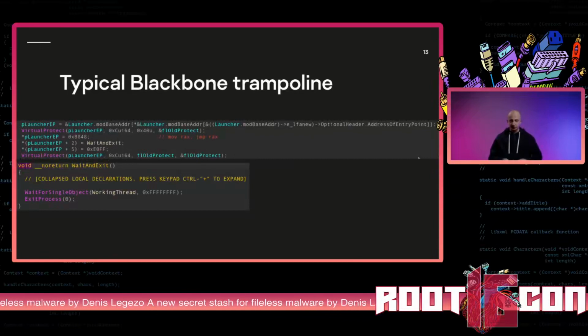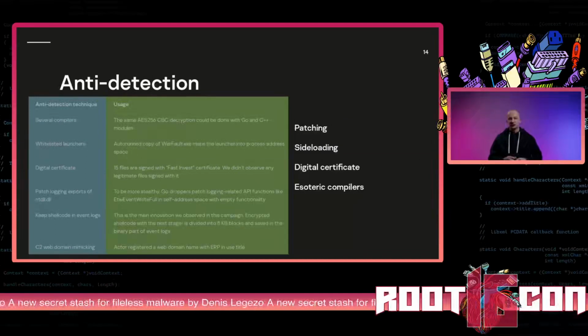And I already mentioned some anti-detection tricks. Let me elaborate. Besides the several compilers in use, which I mentioned on the previous slides, and the whitelisted launchers like WerFault.exe, they also somehow obtained a digital certificate to sign the malicious files.